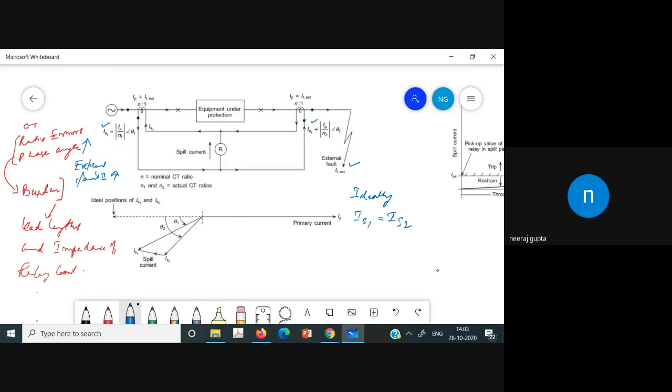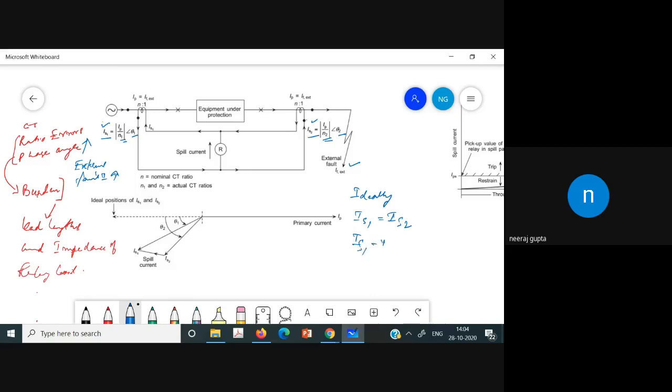Now, in this figure, you will see that the actual ratios are N1 and N2. Previously, it was only N. So it has the ratio error and the phase angle errors, that is theta 1 and theta 2. As a result, the difference between these two currents, IS1 and IS2, ends up as the spill current.